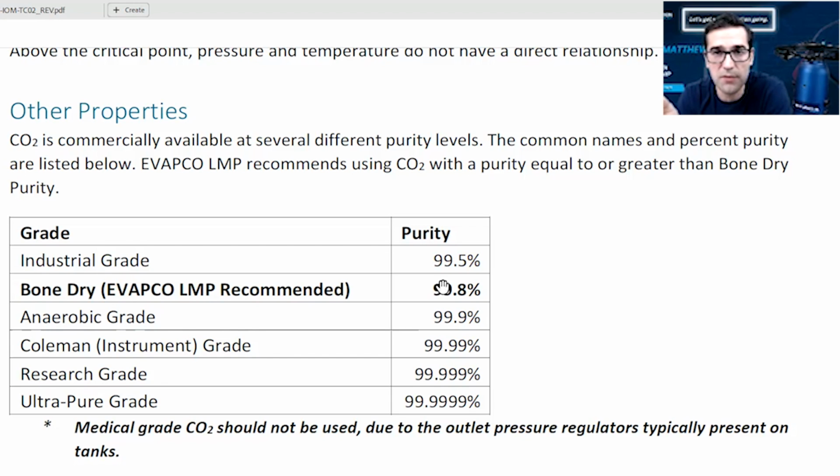So Bitzer, for example, if you look in their manual, they say N4.5. That is actually higher than the Coleman grade, because a Coleman grade, industrial grade, or refrigerant grade is called N4.0. Do you see there's 1, 2, 3, 4 nines? When you have 99.99% purity, that means N4.0.